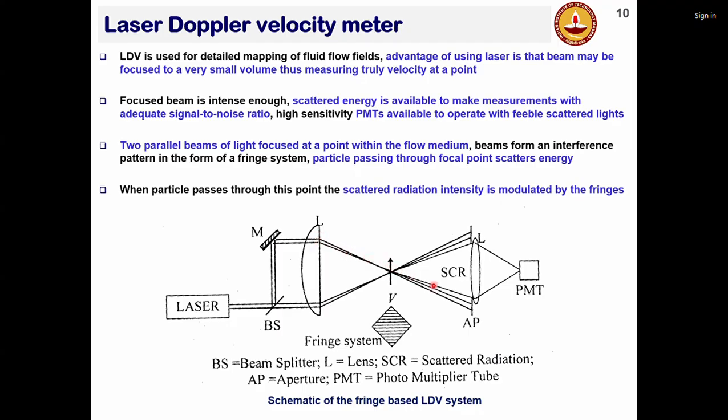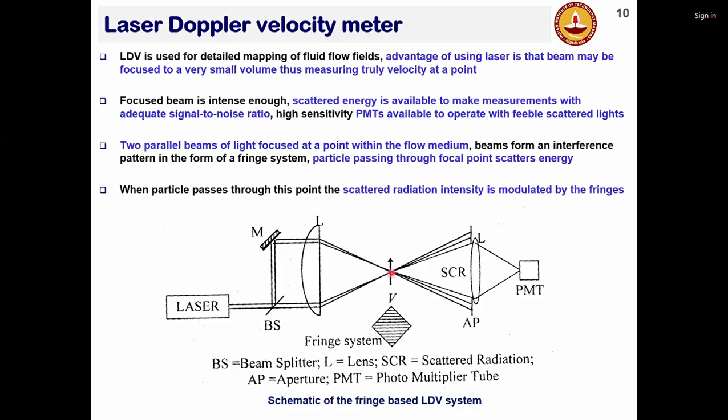These beams are then allowed to intersect at the point at which you want velocity information. By adjusting the position of the lens, the mirror, the beam splitter or the laser for that matter, you can adjust the point at which these beams intersect. And when these beams intersect, there is very high energy here.